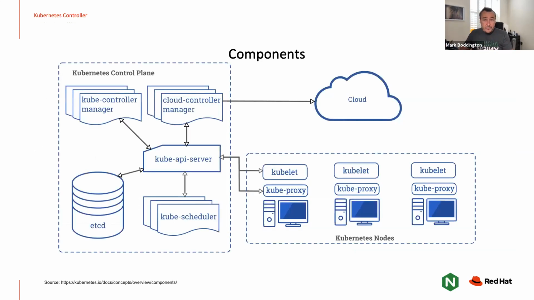So just briefly, if we look at the Kubernetes control plane, and this is true in all Kubernetes, whether that's a Kubernetes from a cloud provider or whether it's an OpenShift deployment, at the center of that you have the Kubernetes API server, and that API server is where you have defined all of the resource types that Kubernetes can manage for you. So that's deployments, services, scheduled jobs, ingress.